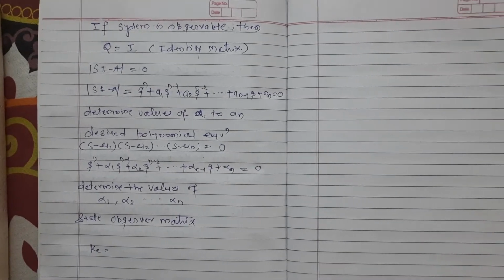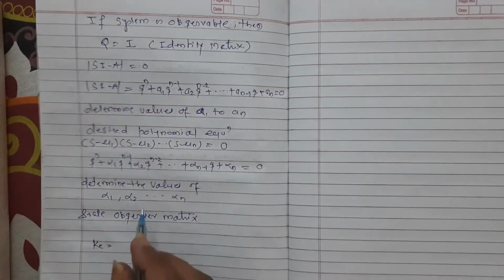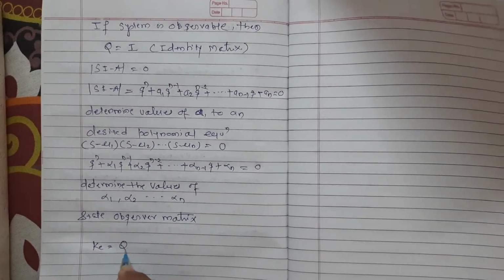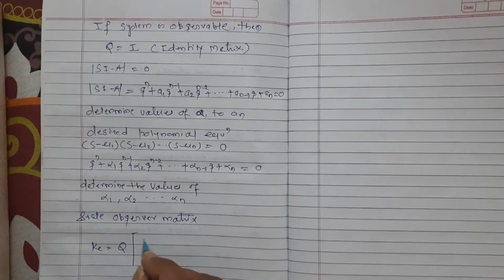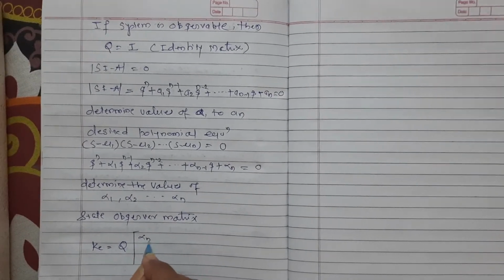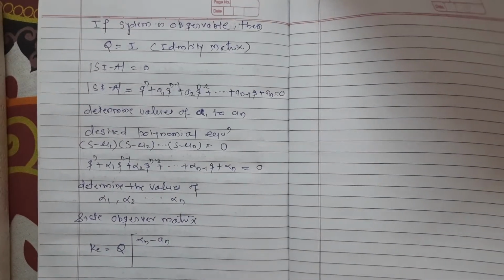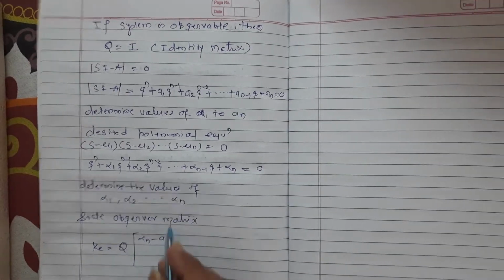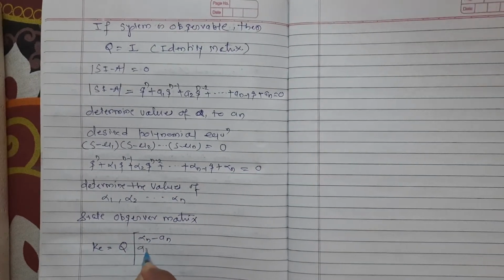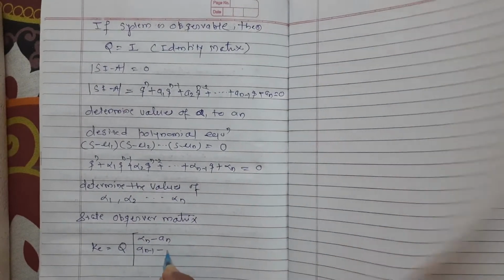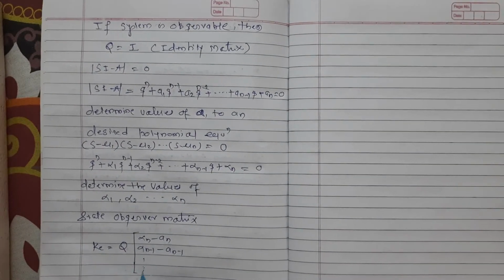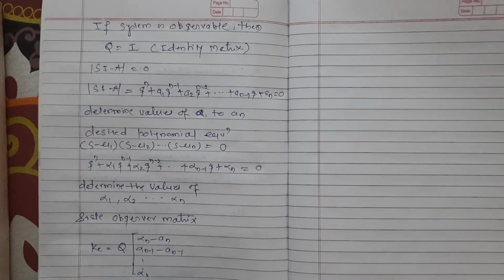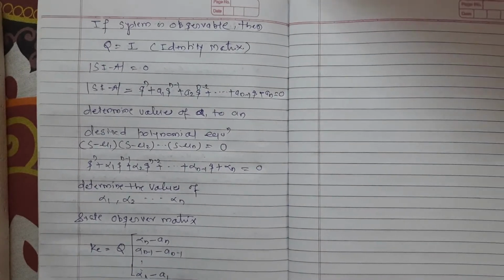It is equal to Q multiplied by the matrix with alpha n minus an, then alpha n minus 1 minus a n minus 1, up to alpha 1 minus a1.